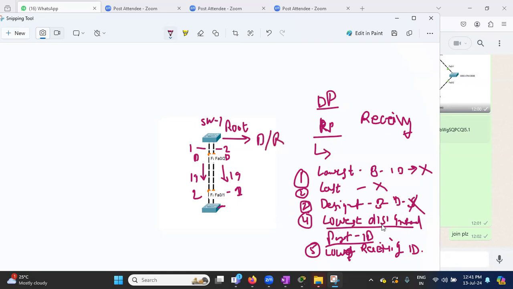So it says lowest designated port ID. Which port ID is lowest, 1 or 2? Port 1. So 128.1, right? This is the designated port ID, and here it is 128.2, right?